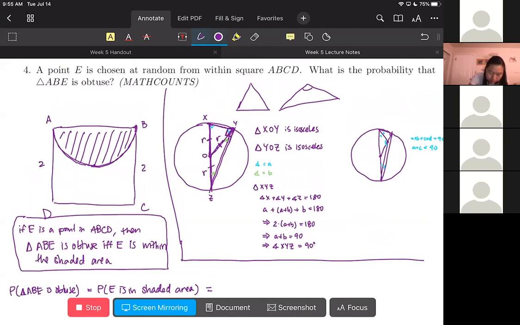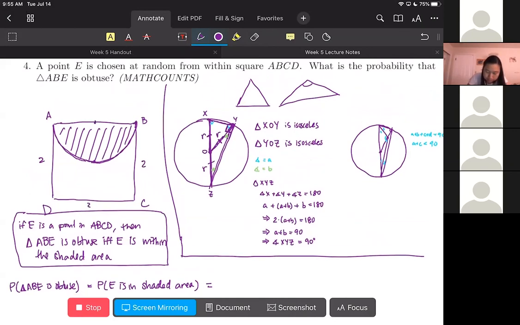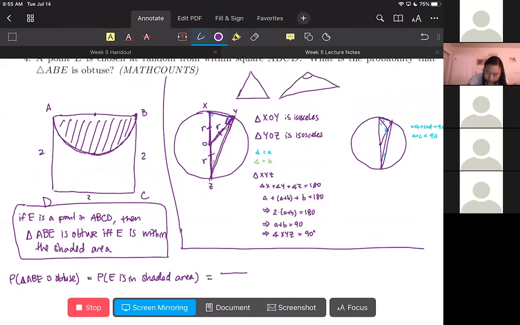Let's say they're 2. So the total area of the square is 4. And we know that the shaded region is a semicircle, so we're going to use half of the original formula. So it's going to be pi r squared, which is just pi. Pi over 2 is the answer.